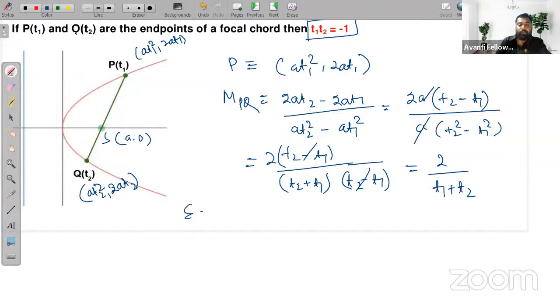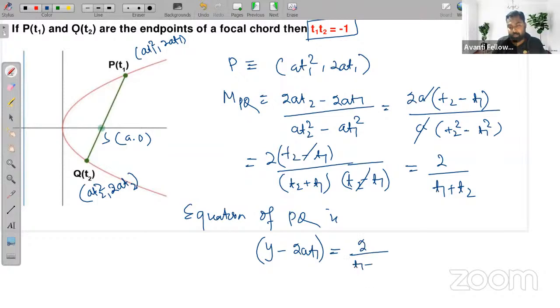The equation of PQ is y minus y1, that is y minus 2at1, is equal to the slope, 2 upon t1 plus t2, into x minus at1 square. Now this line is also passing through the point S, the focus, and the coordinate of the focus is (a, 0).